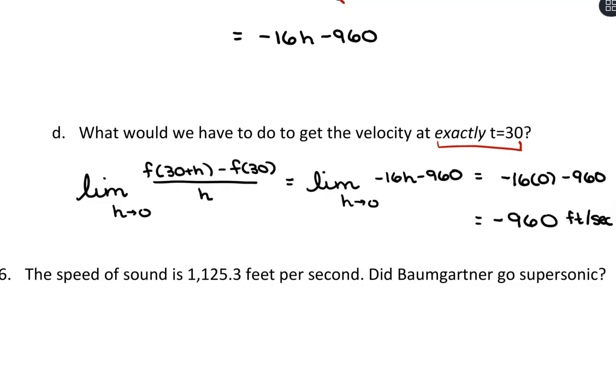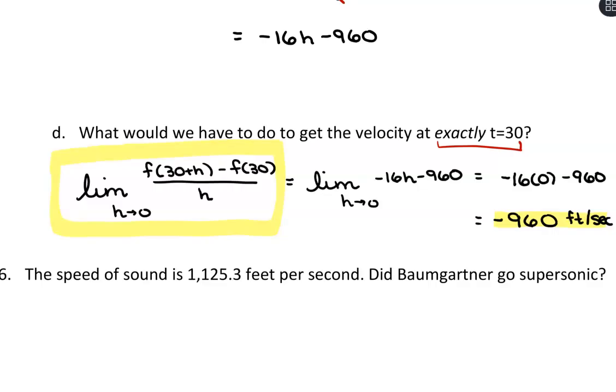So we have the time that we're interested in, and then what we do is evaluate at that time that difference quotient as a limit as h approaches 0, and that can give us our instantaneous velocity. So comparing that to the speed of sound, at this moment in time, we are not passing the speed of sound.